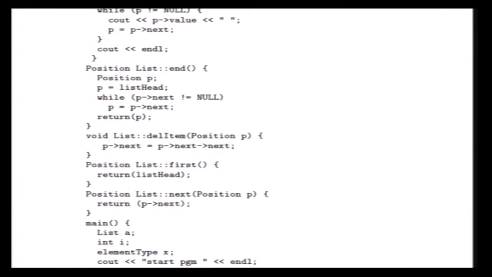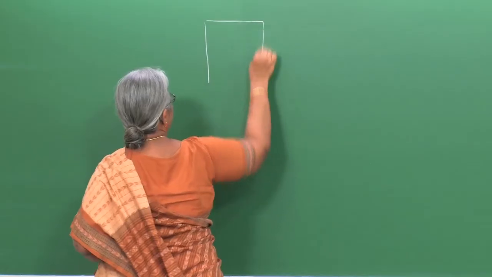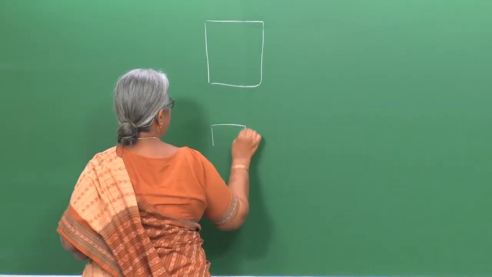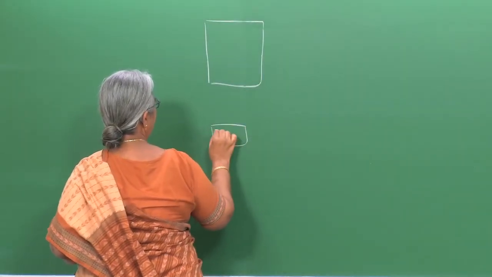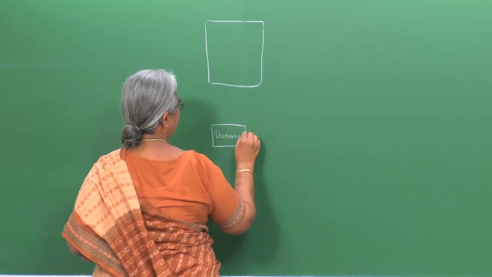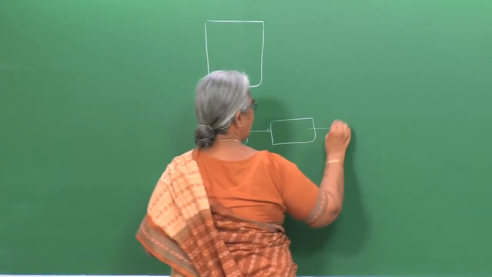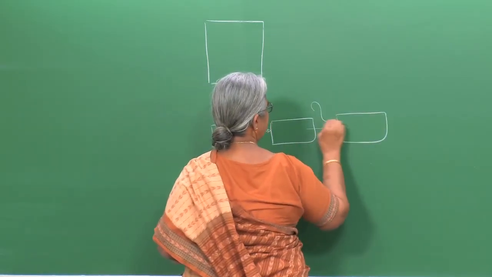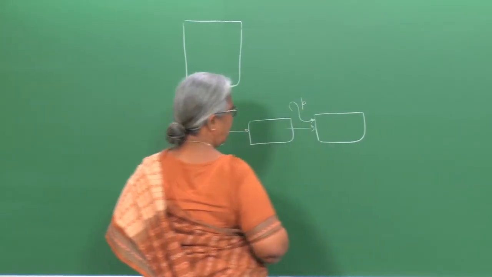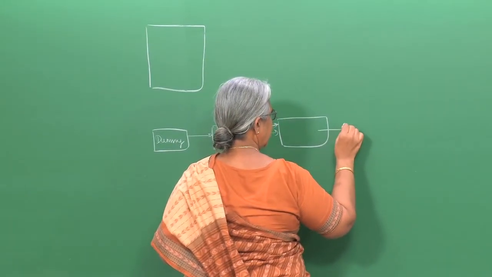There are two implementations, as we already saw: the array and the list. What we do is create a dummy node first, when we do make null. Then when we say insert at, let me say this is the position p at which I want to insert. The user knows what he or she is doing.